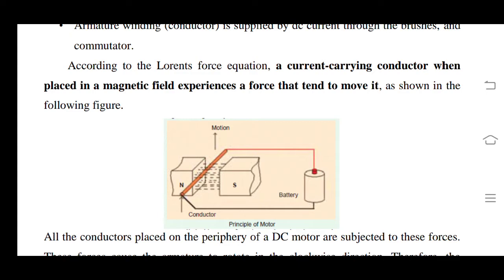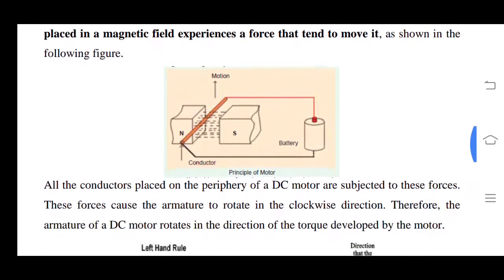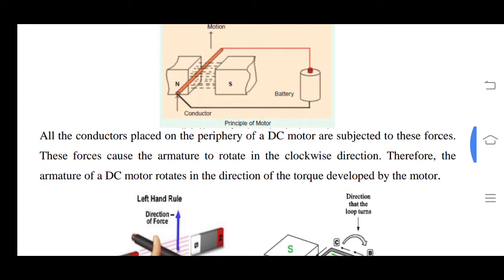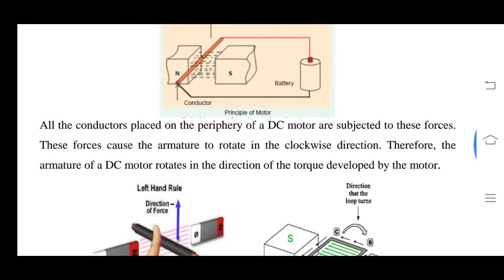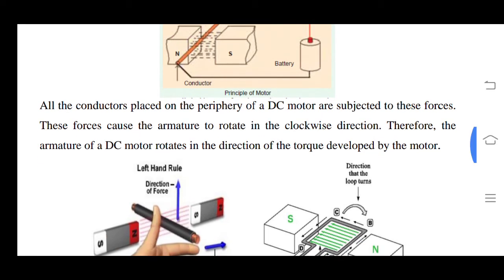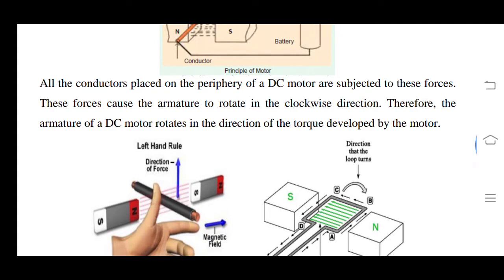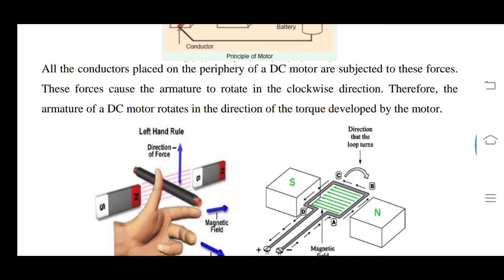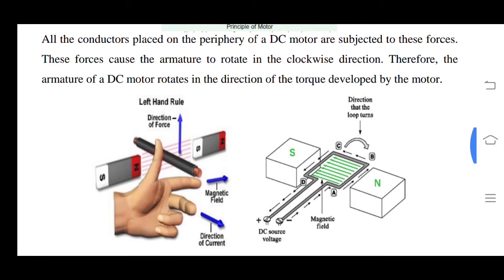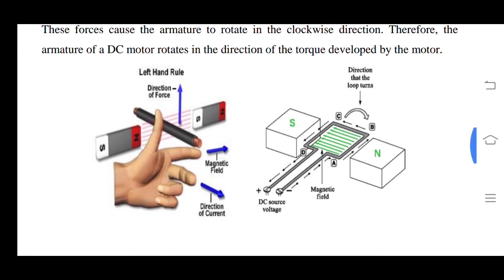That force is called the Lorentz force. Due to that force, it tends to move as shown in the figure. All the conductors placed on the periphery of the DC motor are subjected to this force. This force causes the armature to rotate in a clockwise direction. Therefore, the armature of the DC motor rotates in the direction of the torque developed by the motor.